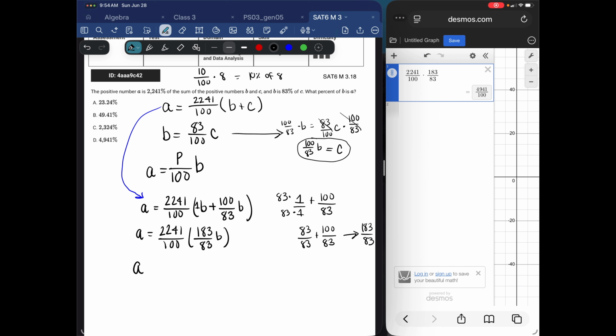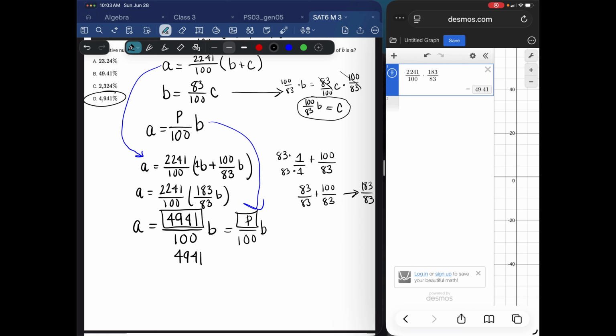So I have A equals 4,941 over 100 B. And this is an exact form of what we were looking for, which is P over 100 times B. And if you just match up the terms, we can see that P is 4,941. The question asks what percent of B is A? That percent is 4,941%.